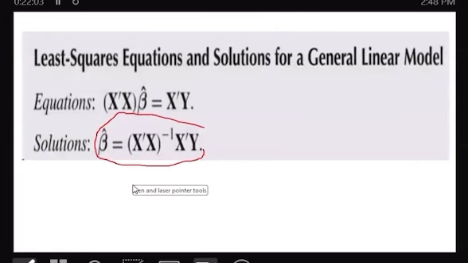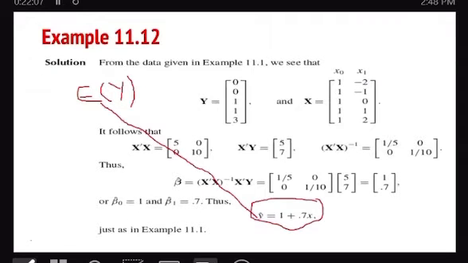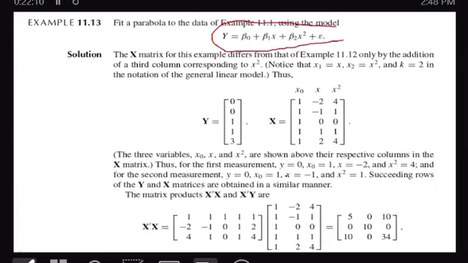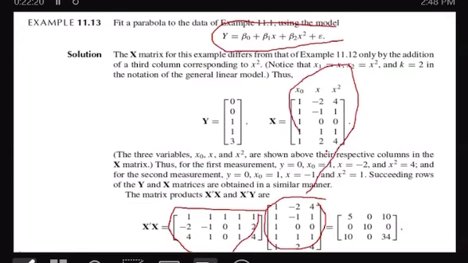Now all I just need to do is find my X transpose, and so on, which I'm going to show you now. If you take a look at this guy, this is the X, right?